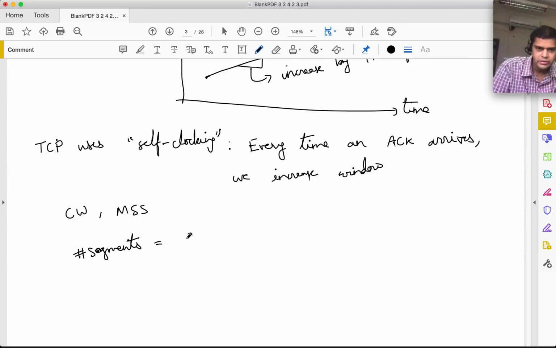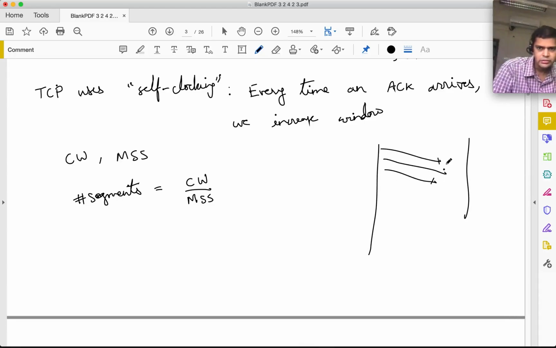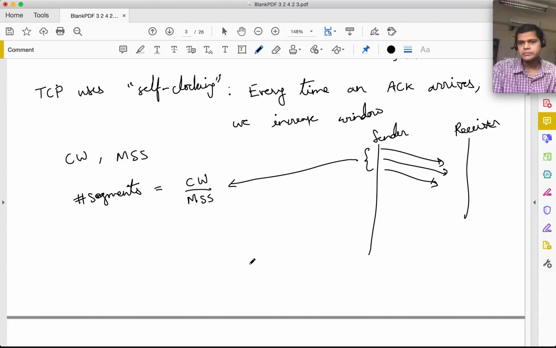So the number of segments is equal to congestion window divided by MSS. I'm going to get back this many acknowledgements in one RTT. So if CW is my window size, I've sent out this many data segments.